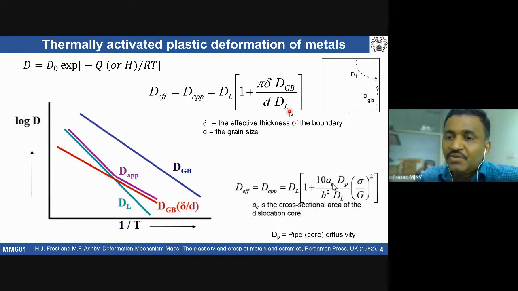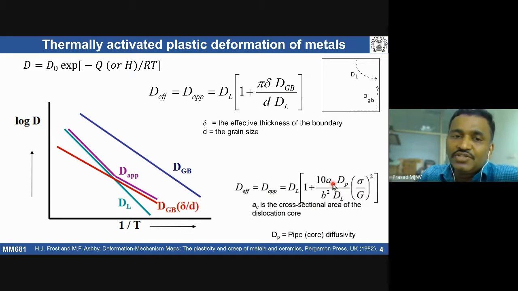Similarly, with pipe diffusion and lattice diffusion, one can get an apparent diffusivity by considering both. If you normalize accordingly, at low temperatures pipe diffusion takes place, whereas at high temperatures diffusion through the lattice is dominant.